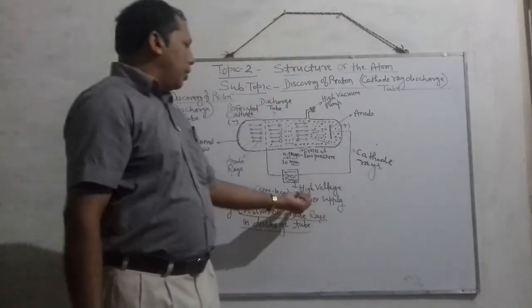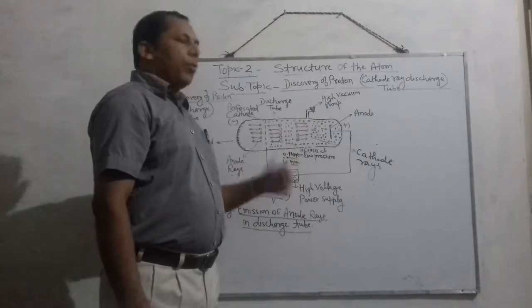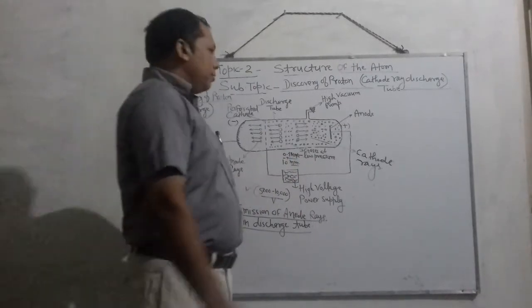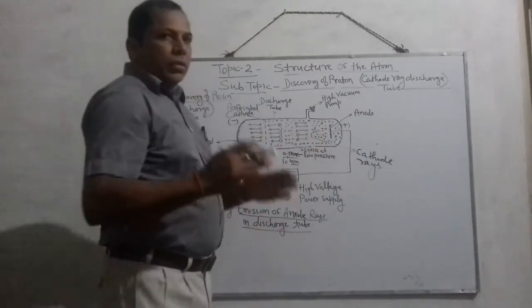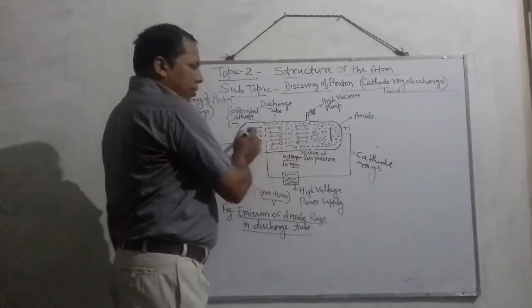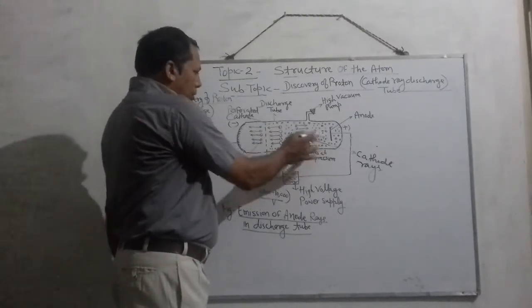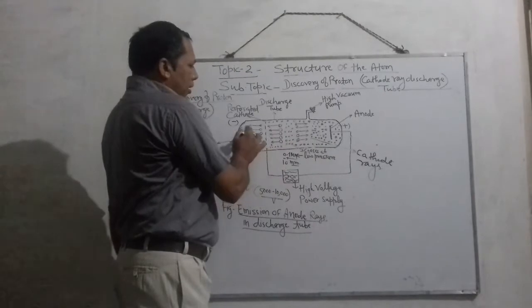Now what happens? When high voltage power supply is applied at very low pressure, a colored glow is produced on the opposite side of the anode.